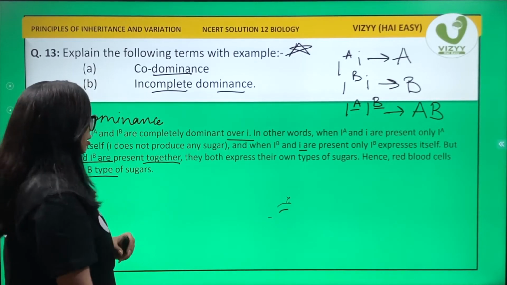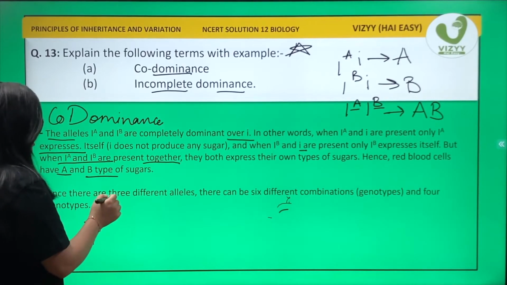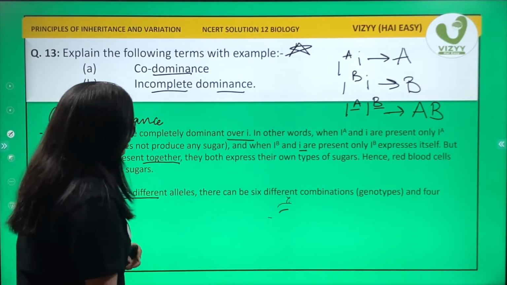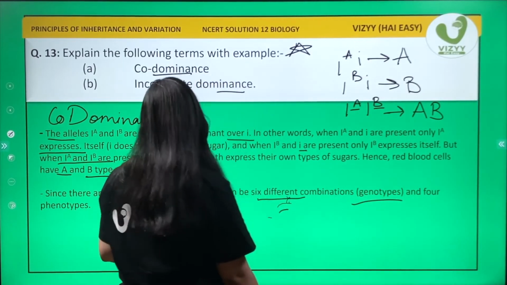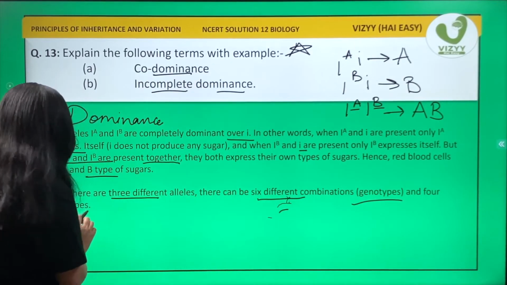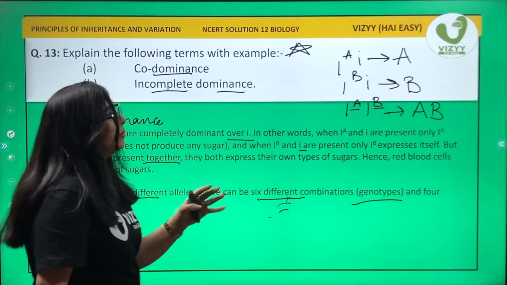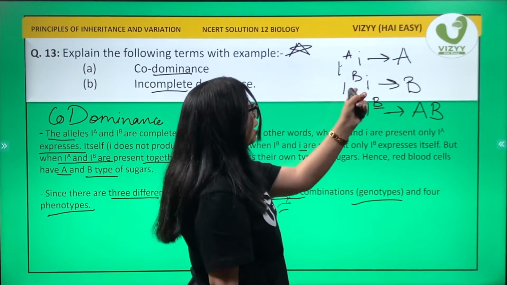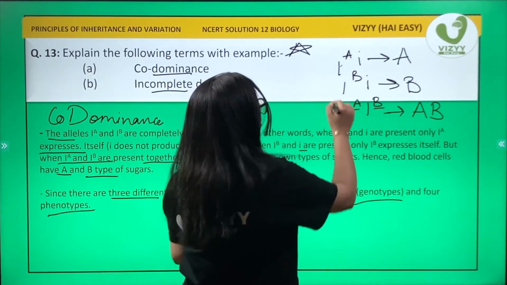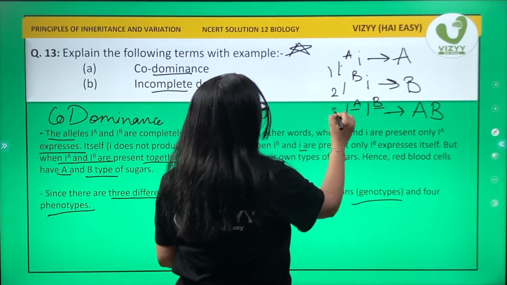Okay. Now, since there are 3 different alleles, there can be 6 combinations of the genotypes and 4 types of phenotypes. So genotypes could be IAi, IBi. This is 1, 2 and 3.